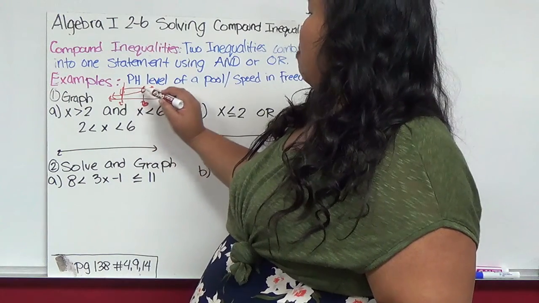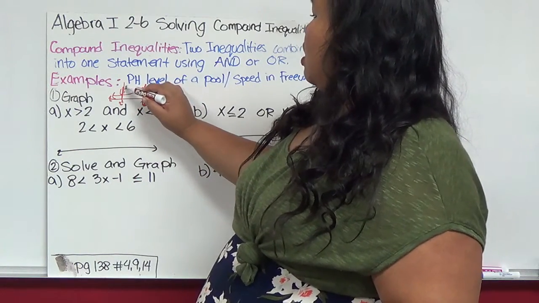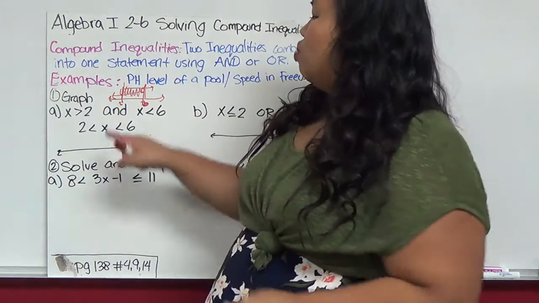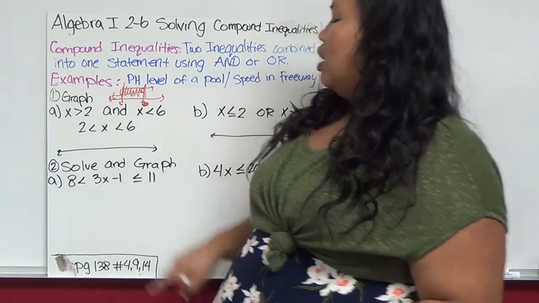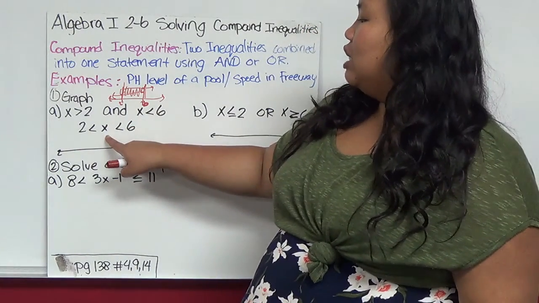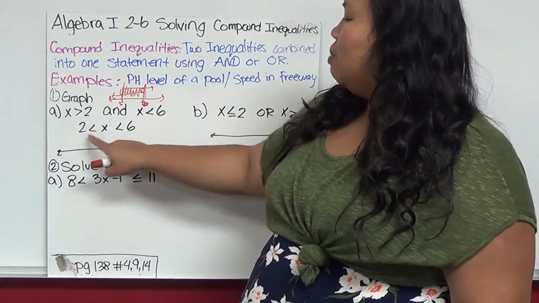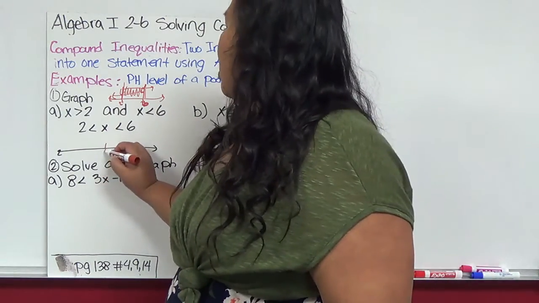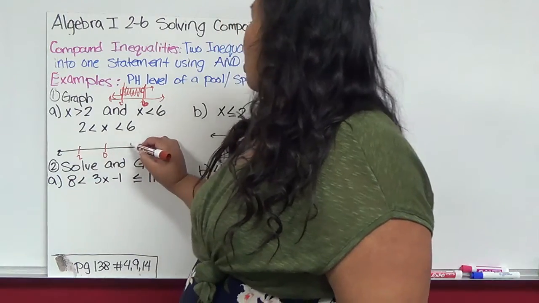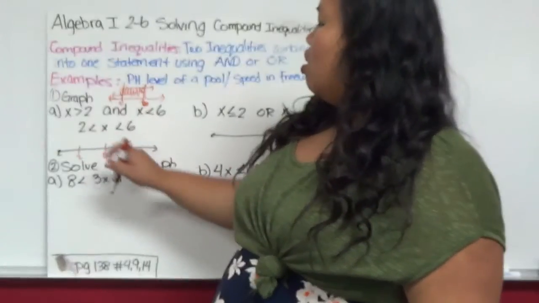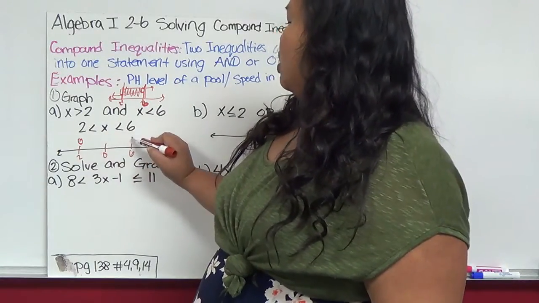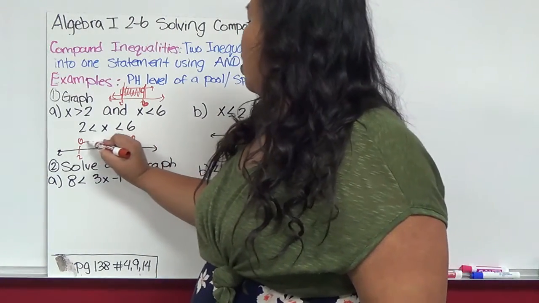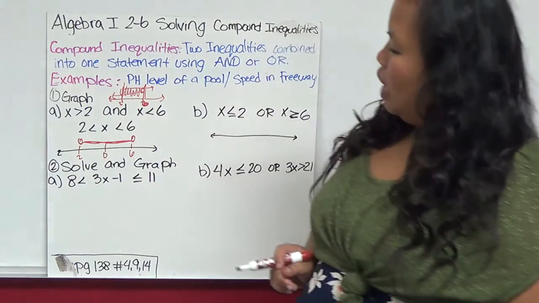So where these combine right here, this is where your answer lies, in between. So you can actually rewrite an inequality, okay, to look like this. X has to be between 2 and 6. It has to be bigger than 2, but smaller than 6. So it's between, here's 0, here's 2, and here's 6. Because there's no line underneath, I have two starting points this time, okay? And the answer is between the starting points, okay?